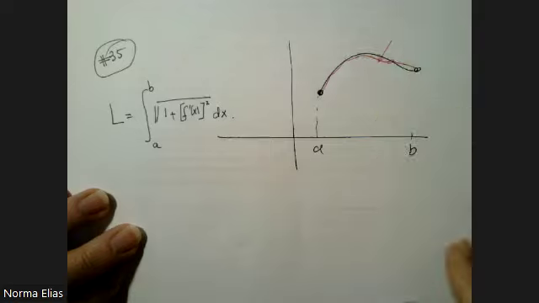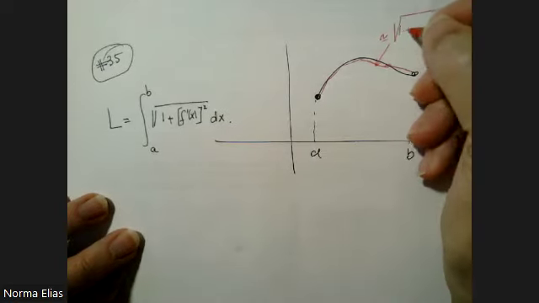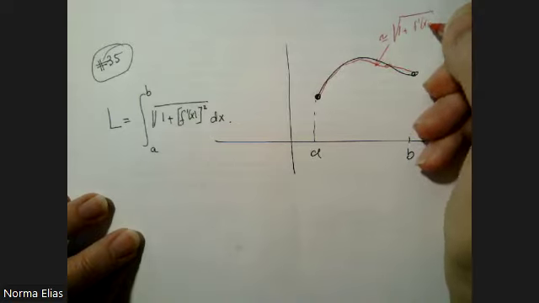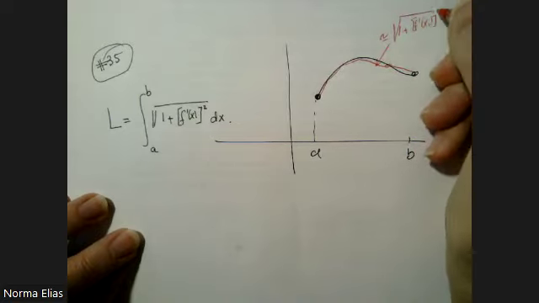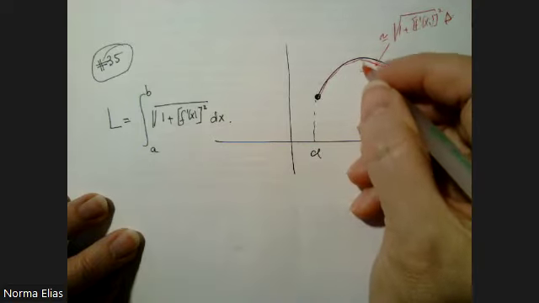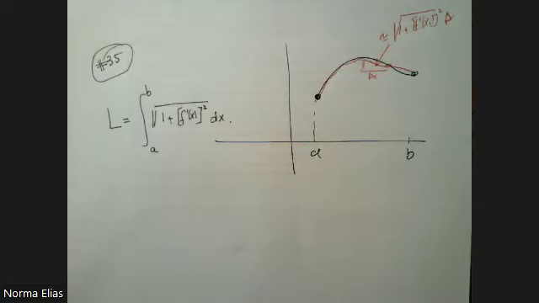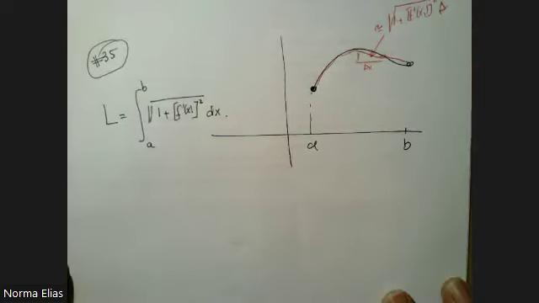We found the length of every line segment, which was almost the square root of 1 plus the derivative squared times the little delta x. Delta x is from here to here. And then we added those lengths. Okay, so now let's look at what 35 is about.